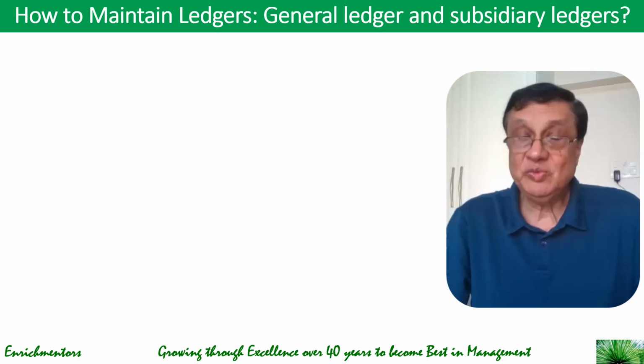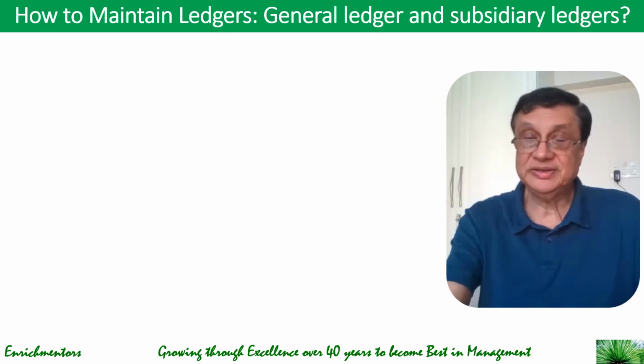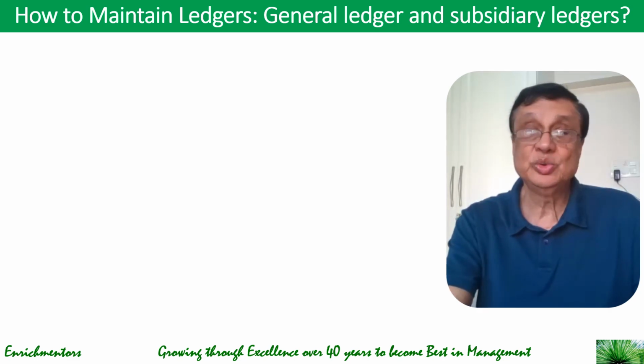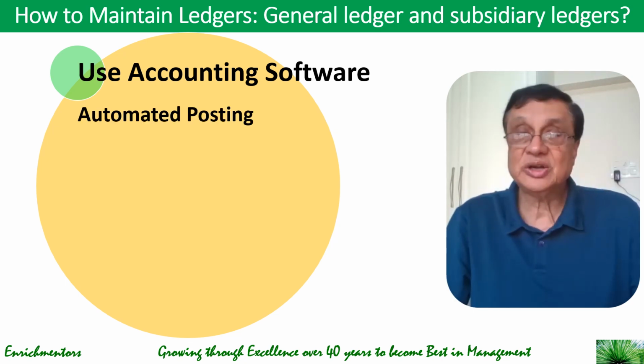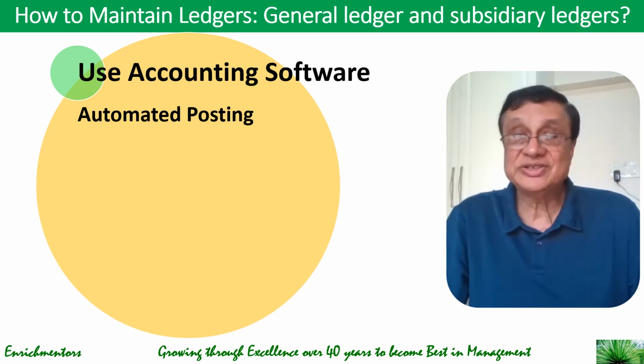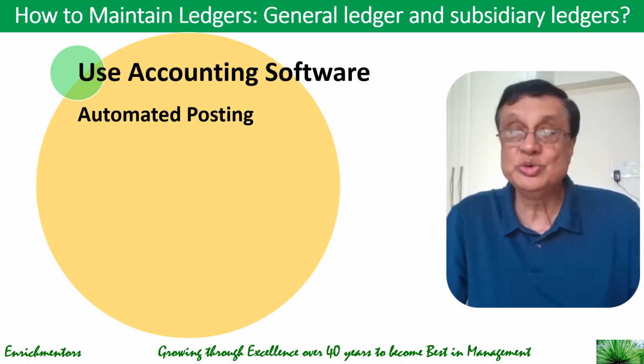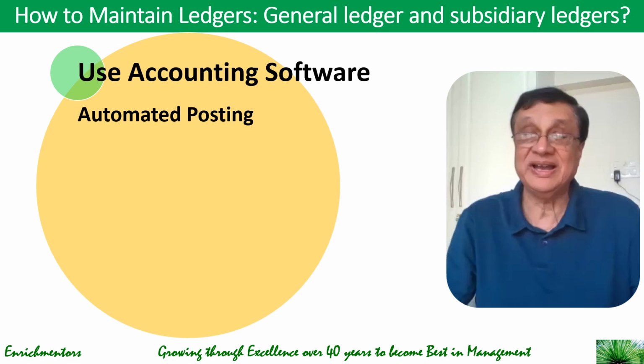So as mentioned earlier in this lecture, you should be using accounting software. It's a good practice to use accounting software because it does many things. It automates the posting between the general ledger and subsidiary ledgers, and this reduces errors and simplifies reconciliation.